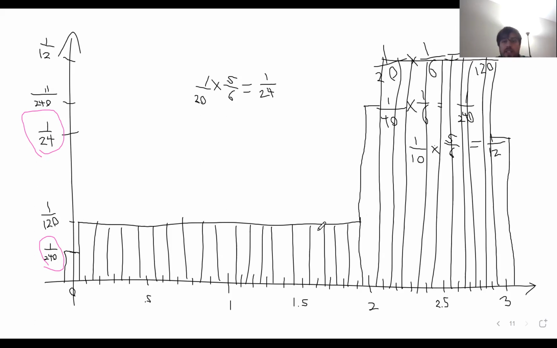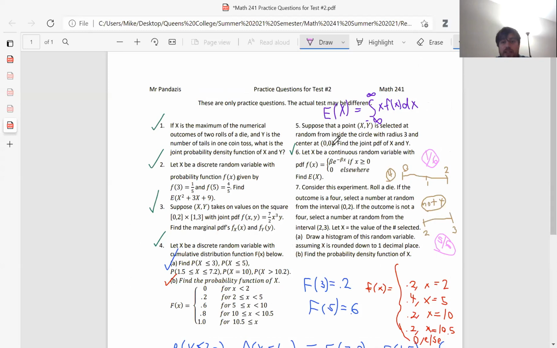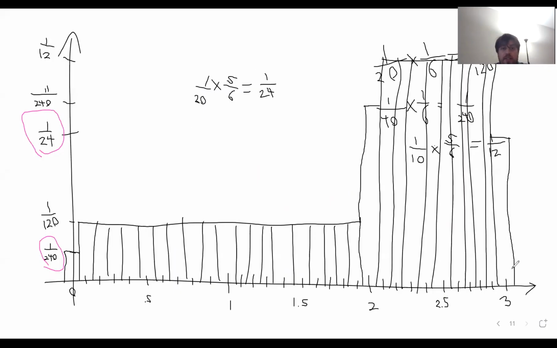And then for B, it's just to find the probability density function of X. I basically did that in the example. I told you f of X by the heights of the graph that I found.